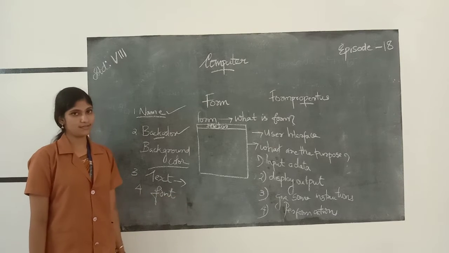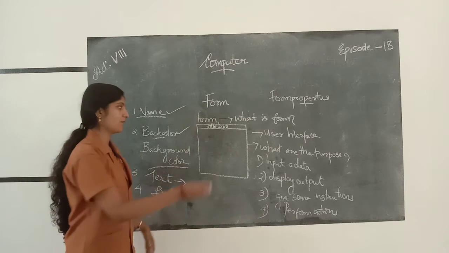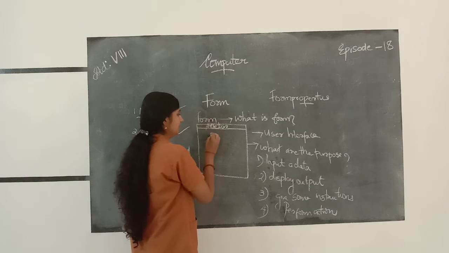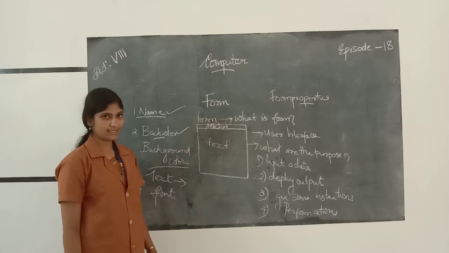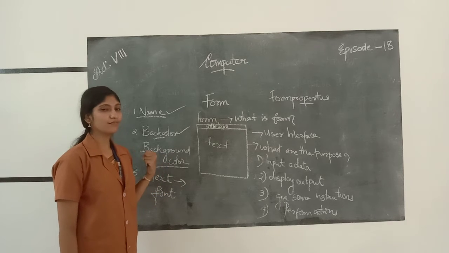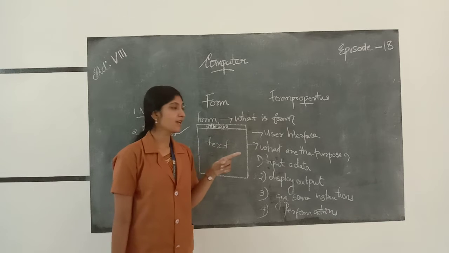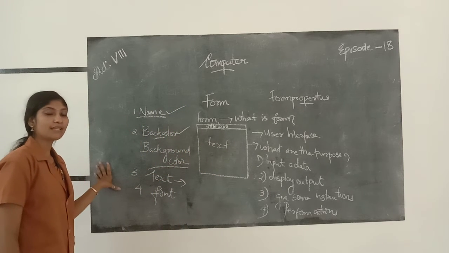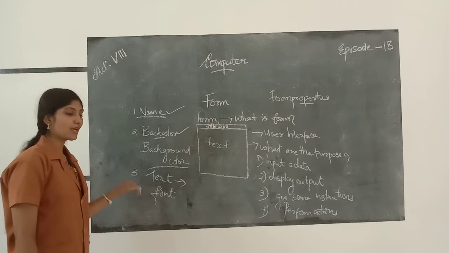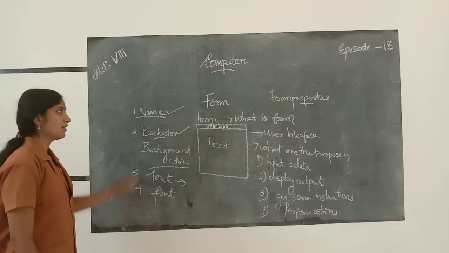Under the font section, right? Then font means if you type any text in this form, you can change the color of the text, the size of the text and the type of the text, right? So here if you want to change any type, size, color, you can go to which property? Font property, right?